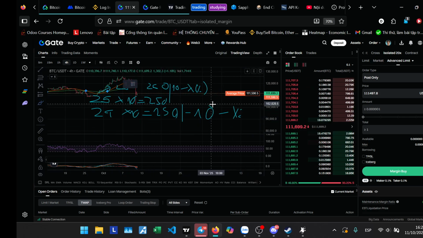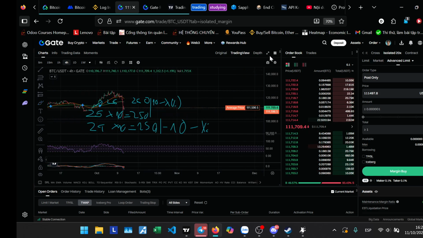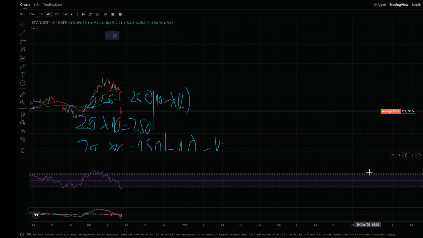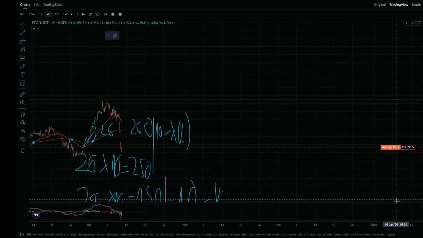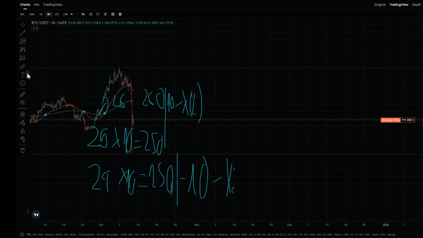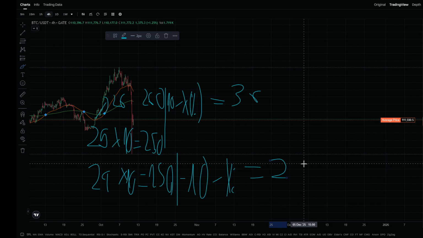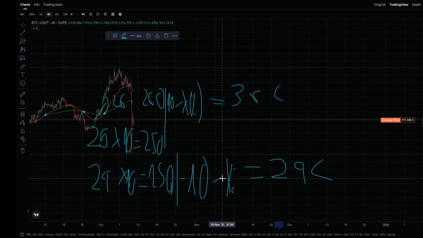So what did you end up with? Okay, let's close these indicators. You will be left with $36, and this you will end with $24, and that's covering the interest.